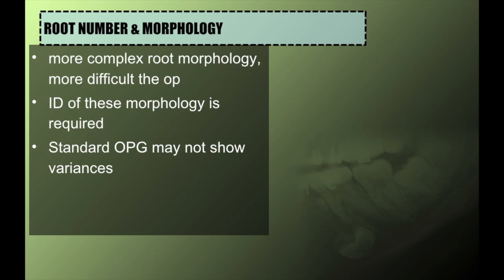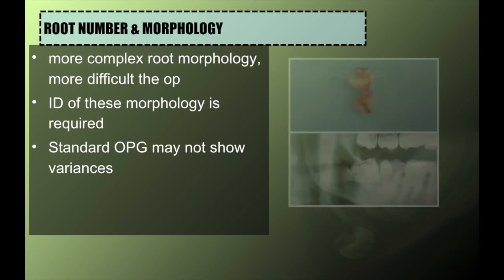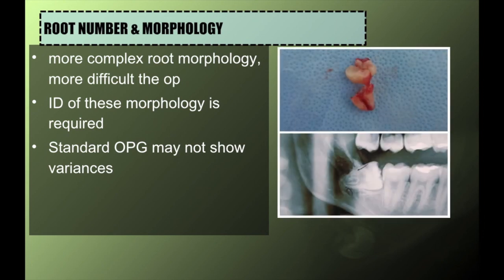The second point of interest with regards to the roots of impacted tooth is its number and morphology. Whether it has a fused root or multiple roots matters in terms of having a smooth path of exit for the roots. Likewise, a slender, more conical root would allow unimpeded displacement compared to a more bulbous root or roots with curvatures.